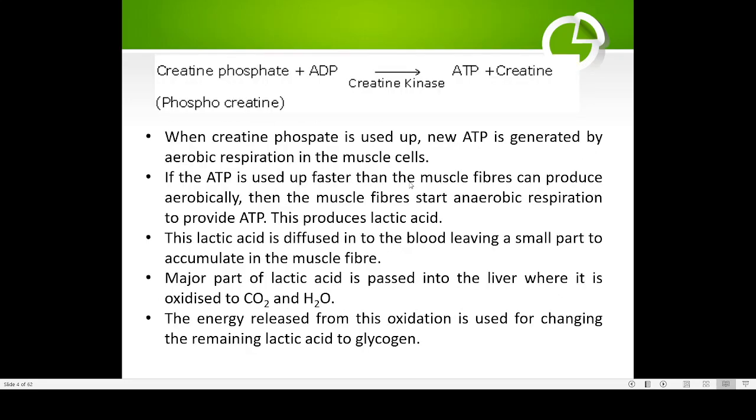For that, muscle uses a molecule called creatine phosphate. Creatine phosphate supplies one phosphate to ADP in the presence of an enzyme known as creatine kinase, and ATP can be created. Here creatine is formed as a byproduct.